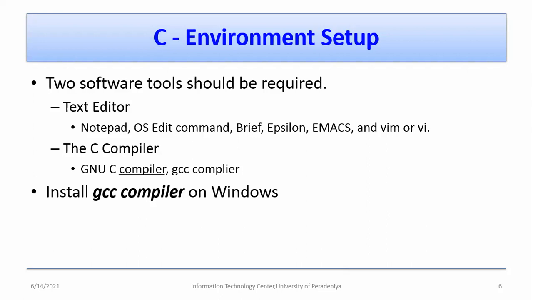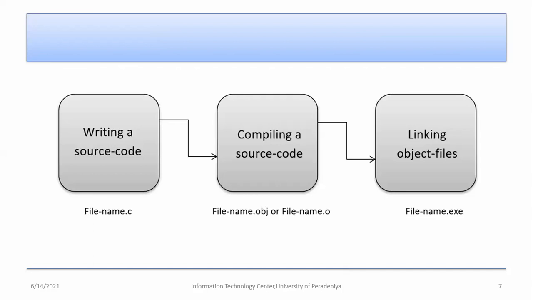Both the text editor and the compiler are integrated within the Dev-C++ tool, so there is no need for an additional text editor. Once you download Dev-C++, we can do text editing as well as compiling.